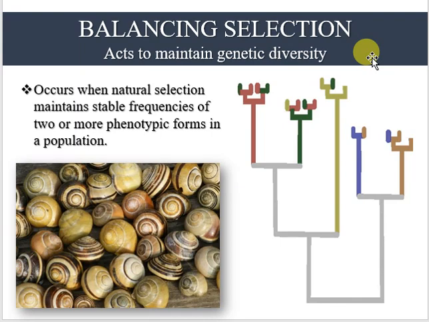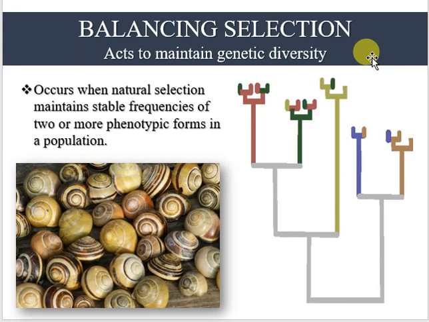Balancing selection refers to a number of selective processes by which multiple alleles, an allele being an alternate version of a gene, are actively maintained in the gene pool of a population at frequencies that are larger than you'd expect, particularly from processes like genetic drift alone.